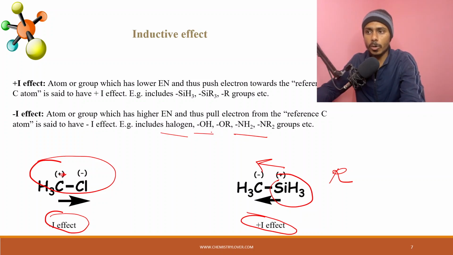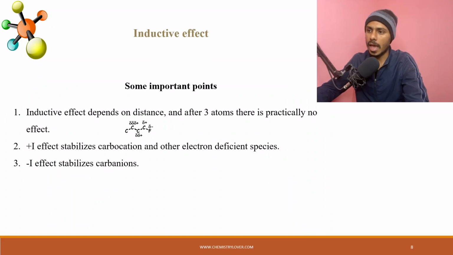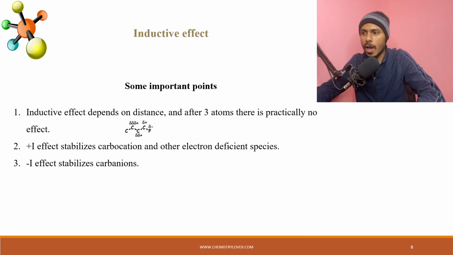Now there are some important points which we should remember about inductive effect, and that is that inductive effect operates through sigma bonds. So distance is an important factor here. As we go away from the carbon to which the group is attached, the intensity of the inductive effect decreases.